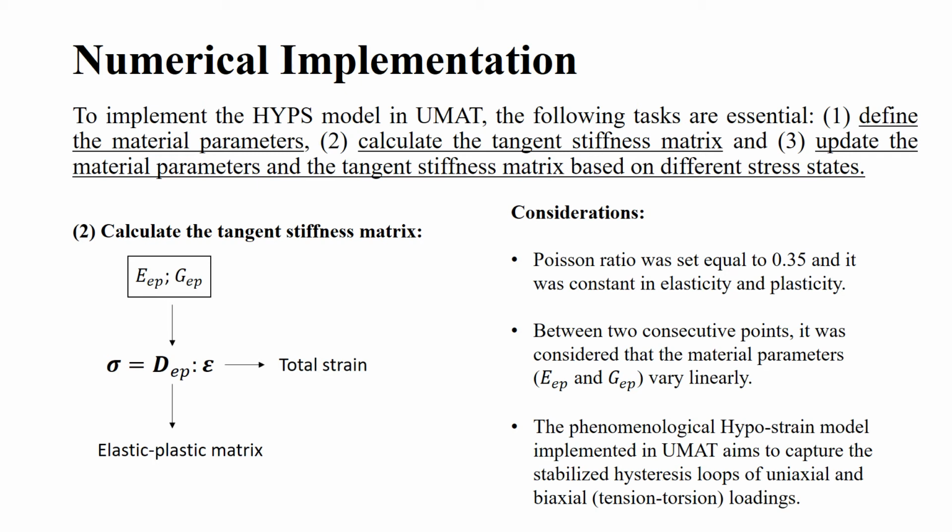It was constant in elasticity and plasticity. Between two consecutive points, it was considered that the material parameters E and G vary linearly. The phenomenological hypostrain model was implemented in the Abaqus subroutine to capture the stabilized stress loops for uniaxial and biaxial loadings.